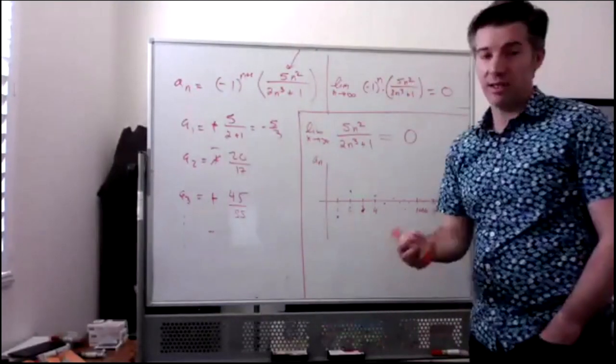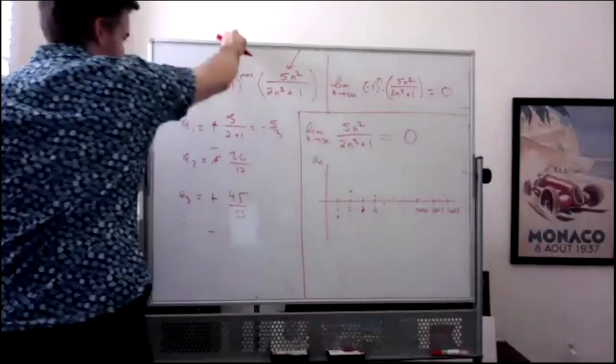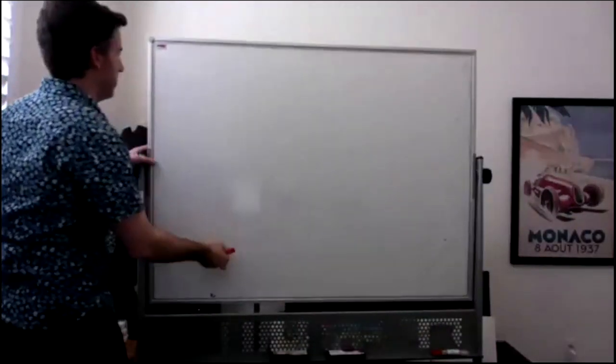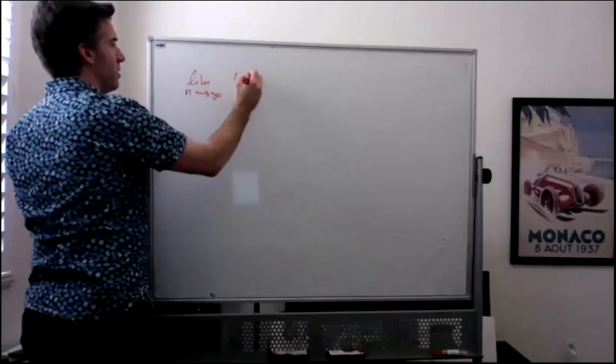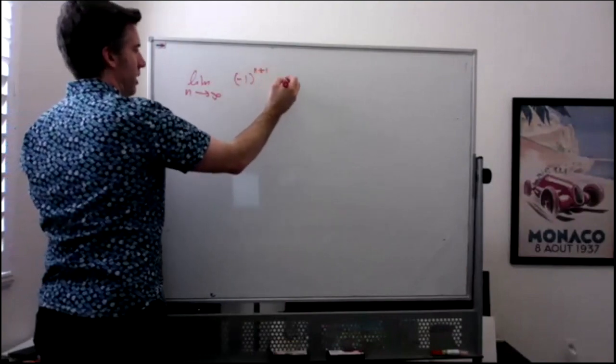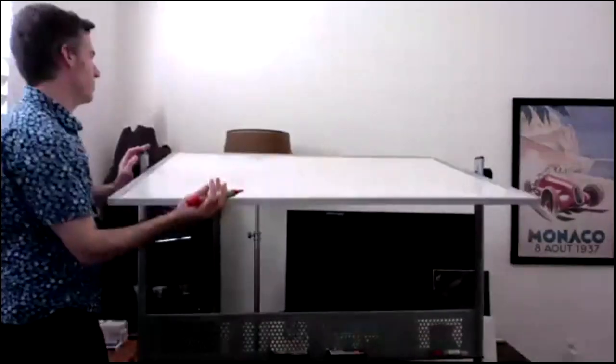I guess you could say it this way. Let me write it. So you could actually write this. I want to find the limit as n goes to infinity of -1 to the n plus 1 times the thing, which was 5n squared over 2n cubed.